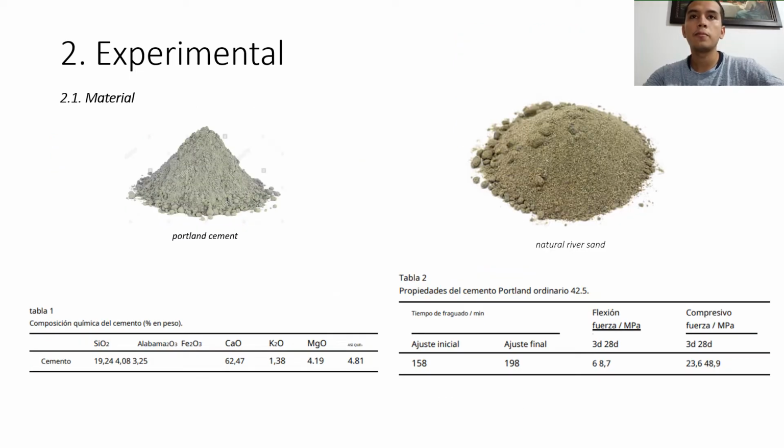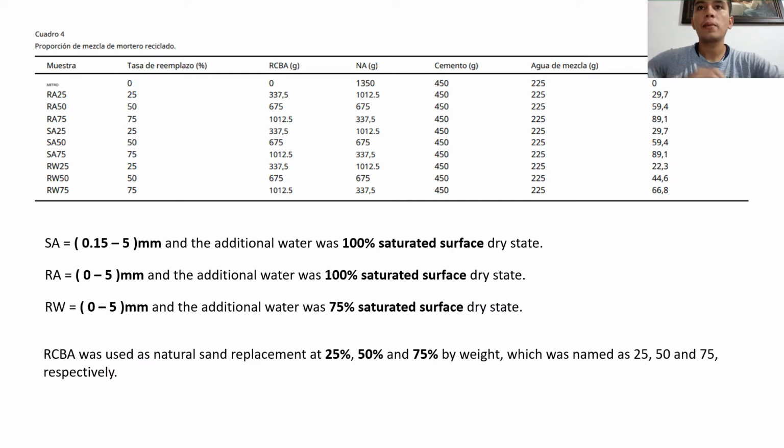River sand and Portland cement were also used, and Table 1 shows the chemical composition of cement, and Table 2 shows the properties of ordinary Portland cement. The experimental base of the article starts from 3 groups that were experimented with the aggregate, which are SA, RA, and RW.